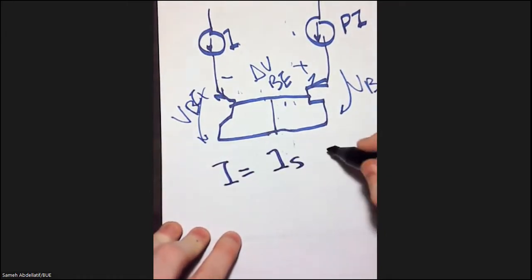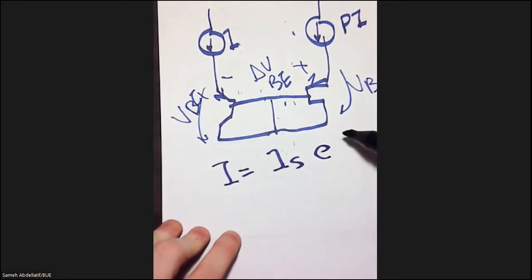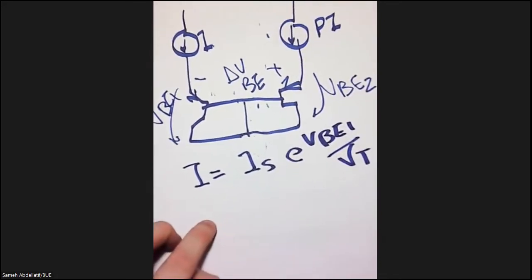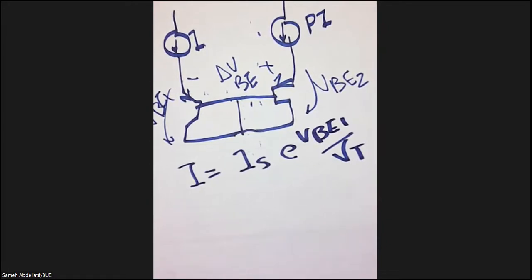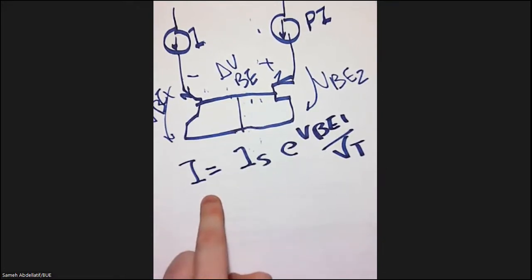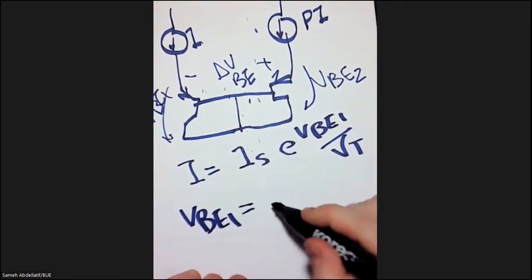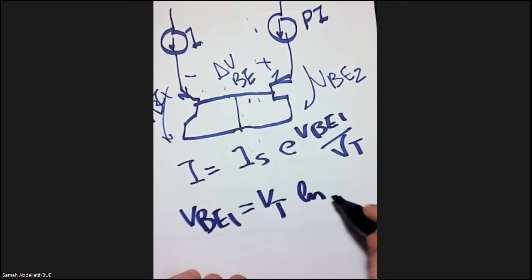IS exponential e to the power VPE1 over VT. So this is an equation for the first diode. By very simple mathematics, by putting this IS in the left-hand side in the denominator and multiplying both sides by ln, you can find that VPE1 equals VT ln I over IS.